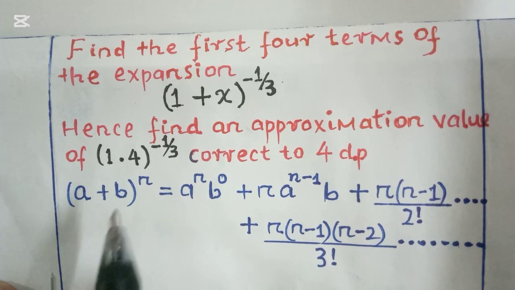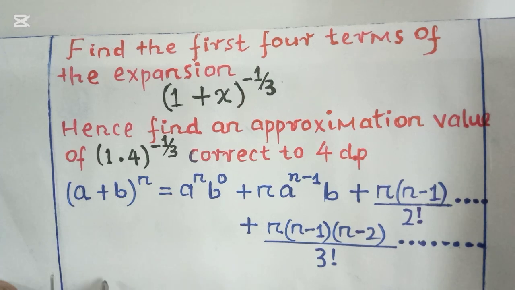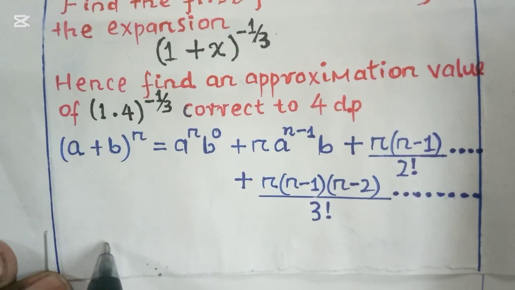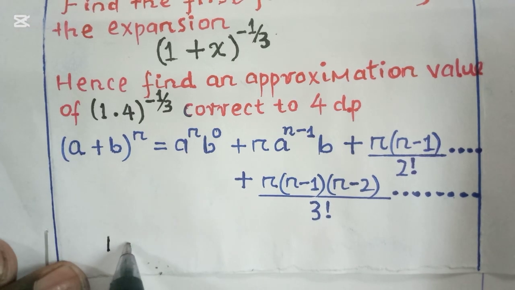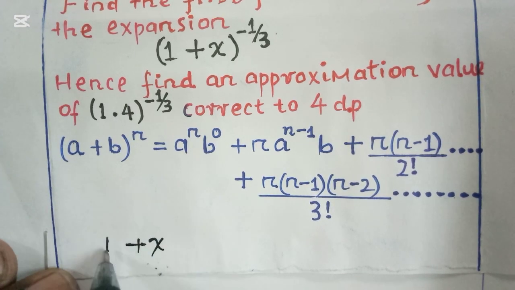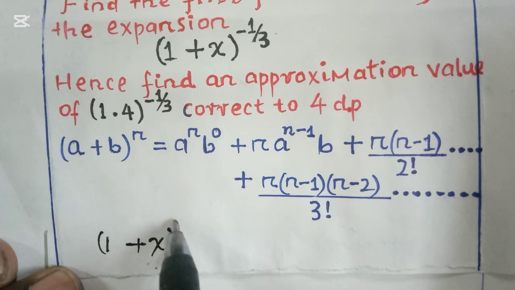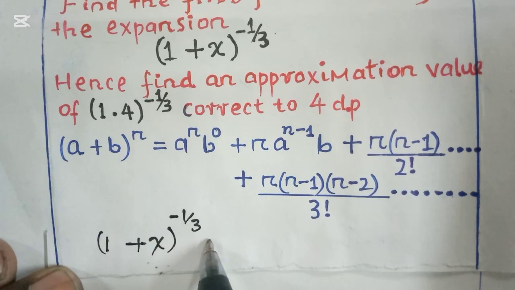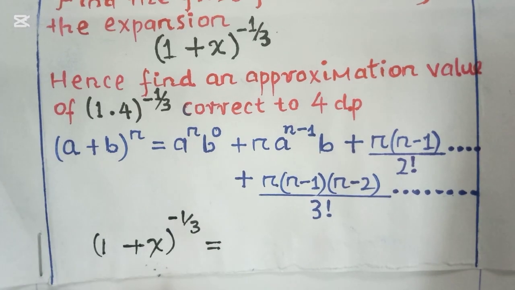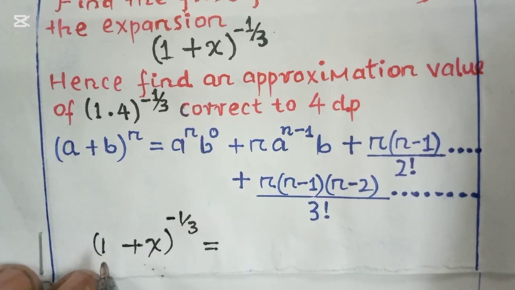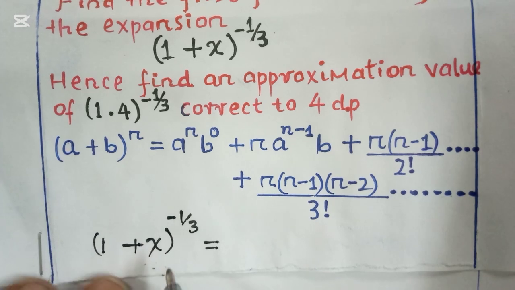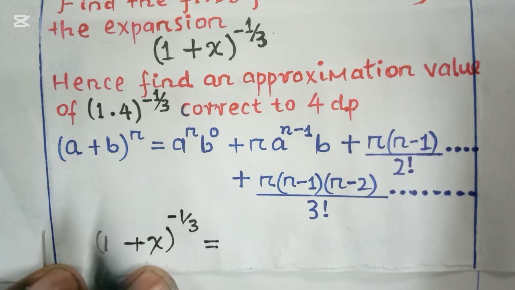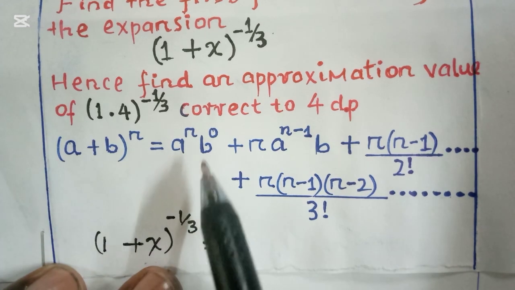So we shall say (1 plus x) raised to negative a third. This one now is going to be equal to, just like we have the equation here, our a is 1, our b is x. But now guys, as you can see, our a and 1 will not change.